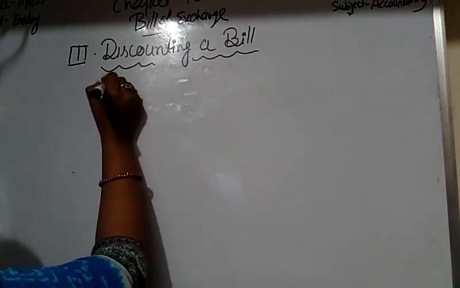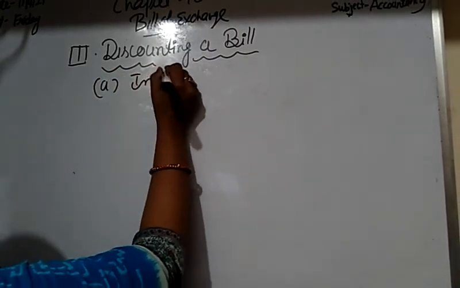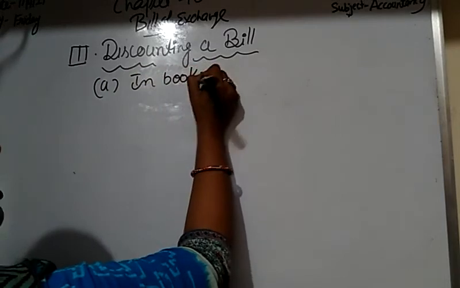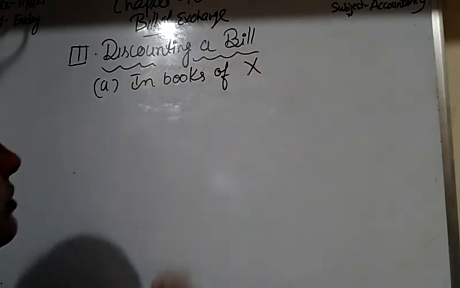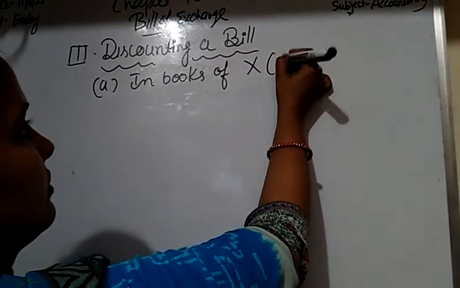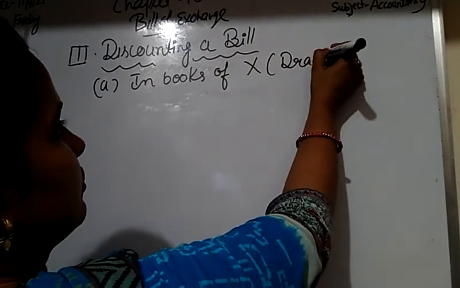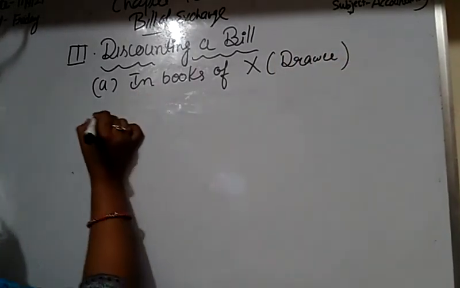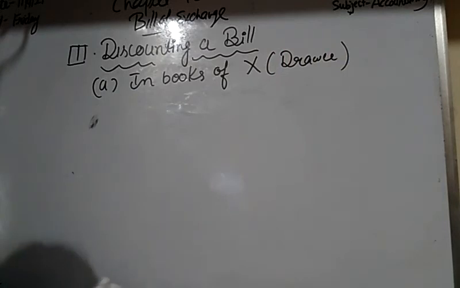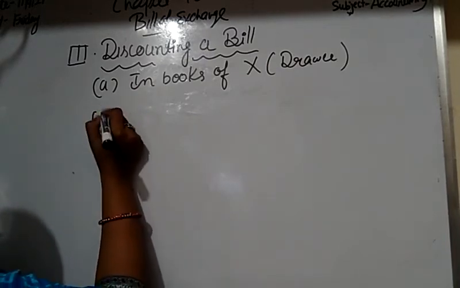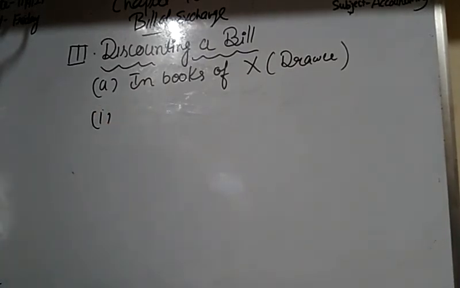So first we are doing the case in the books of X. X is the drawer. Okay students, now the first entry. No dates are given, so we are pointing on the date column, numbering 1 and 2.